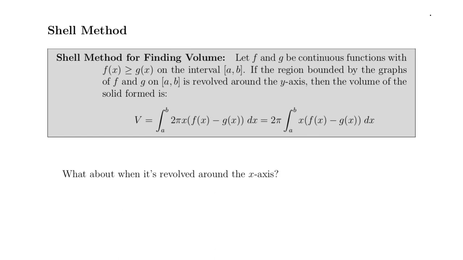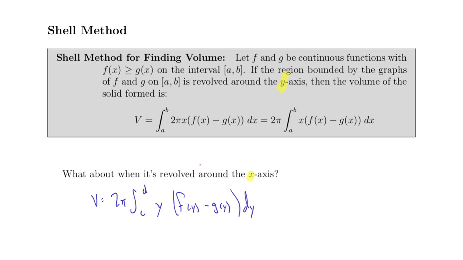And then we can say, well, what about when we revolve it around the x-axis? Notice this one is revolved around the y-axis, so when we revolve it around the x-axis, we're going to have to switch variables. So we'll say, all right, V is going to be 2 pi times the integral from c to d of y times f of y minus g of y dy.